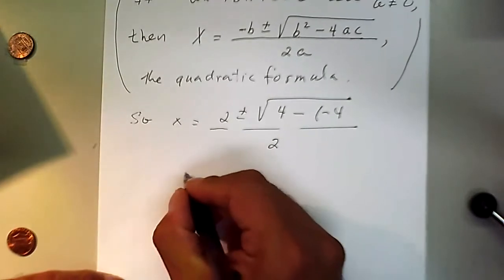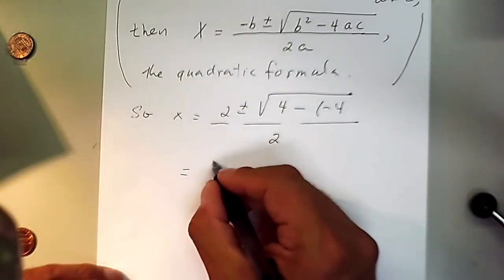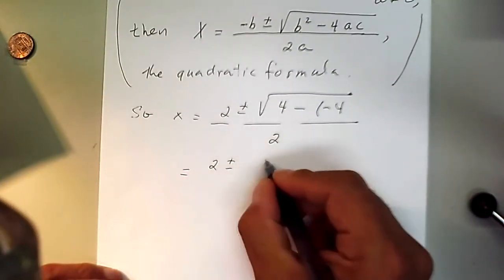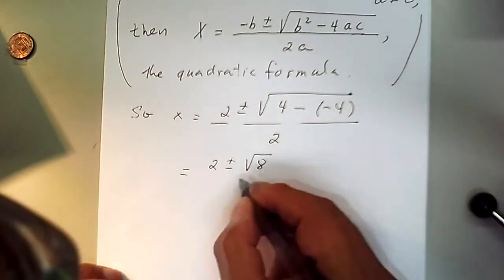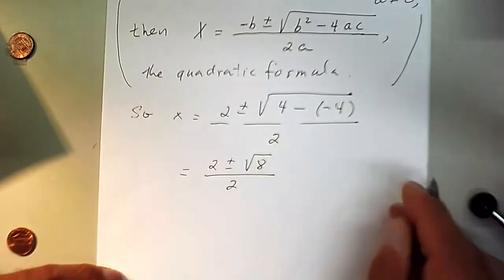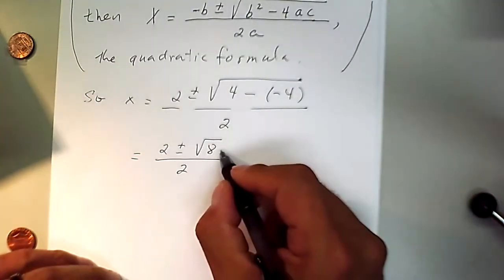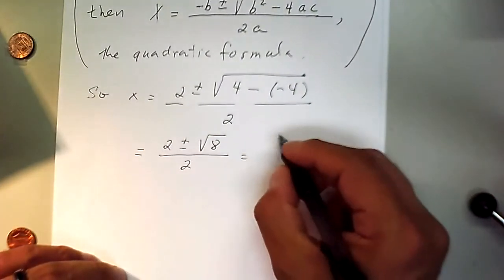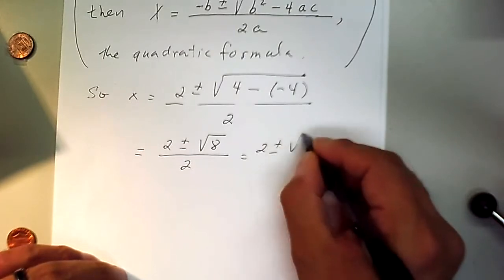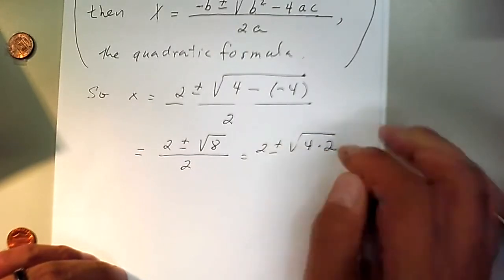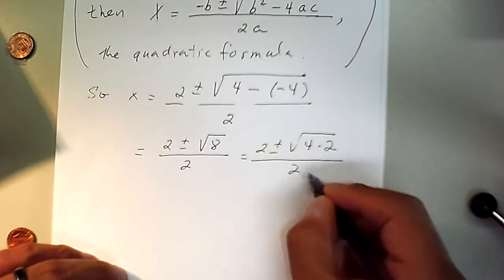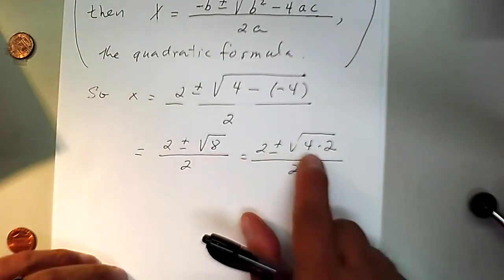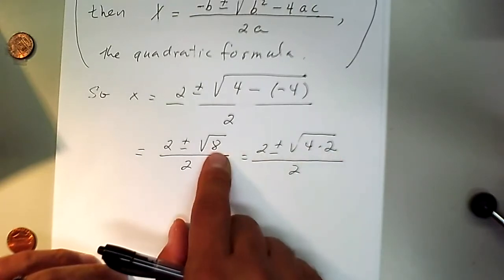All right. So this is equal to 2 plus or minus square root of 8 over 2. Now, 8 can be broken up as 4 and 2, and we have to simplify that. Okay, so 8 is 4 times 2. I'm not changing the value of the 8.